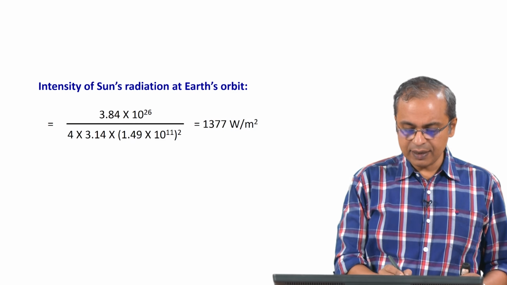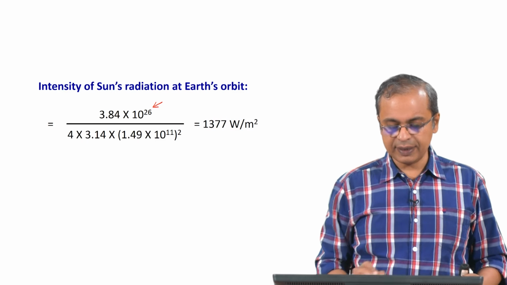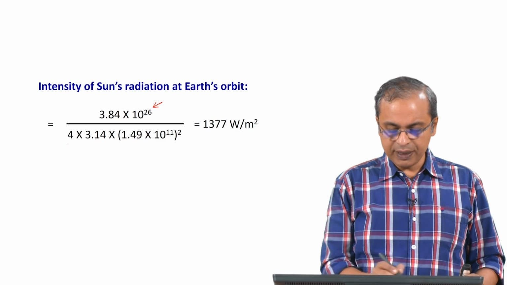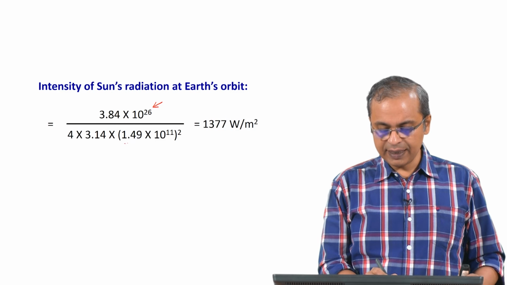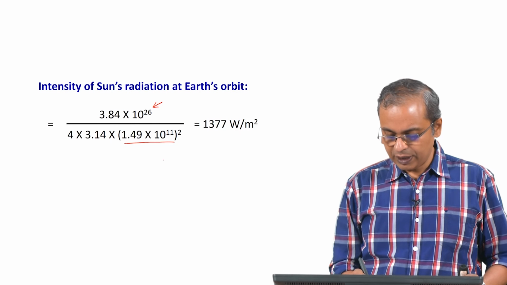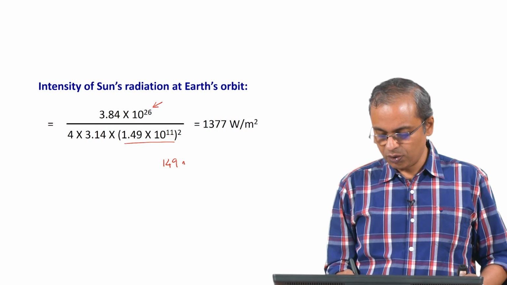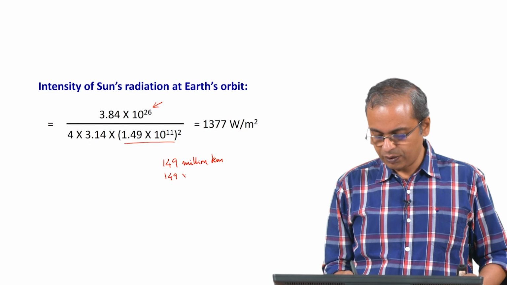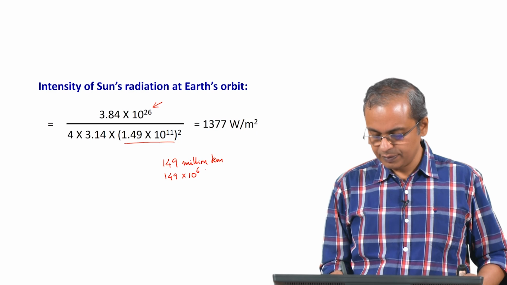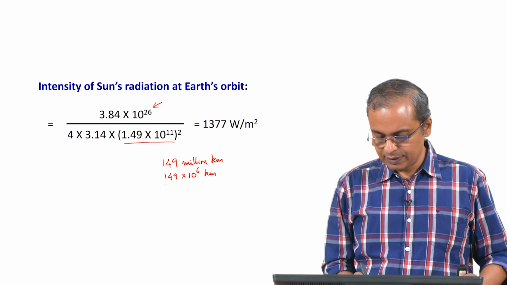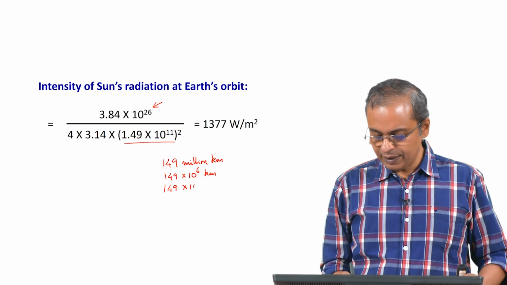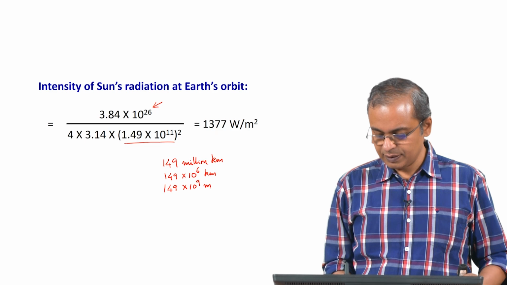So, the same number here, 384 into 10 power 26, that is the power of the sun, and the Earth's orbit is 149 million kilometers. So, that is 149 into 10 power 6 kilometers, which is the same as 149 into 10 power 9 meters, right.